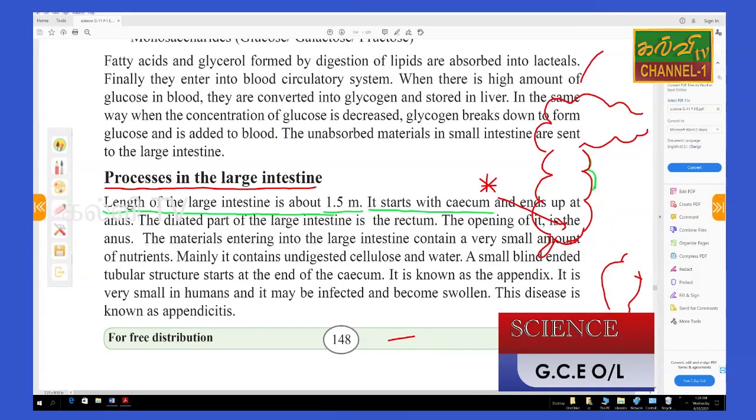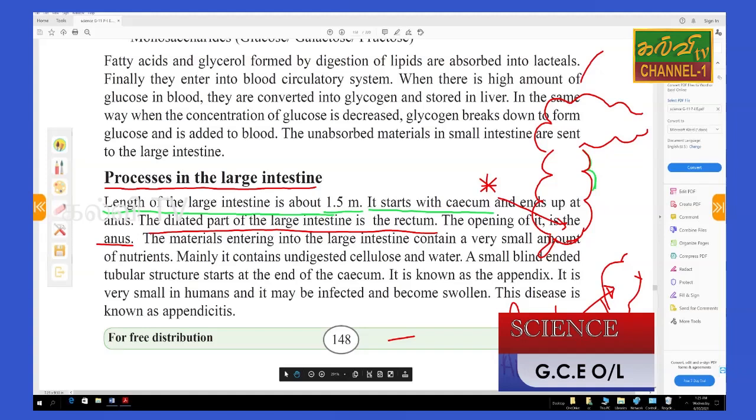The dilated part of the large intestine is the rectum, meaning it approaches the end part. The opening of it is the anus.